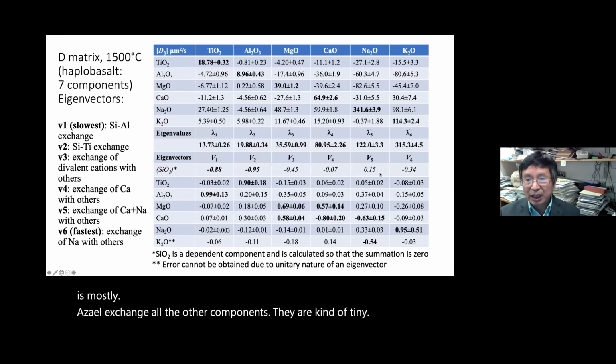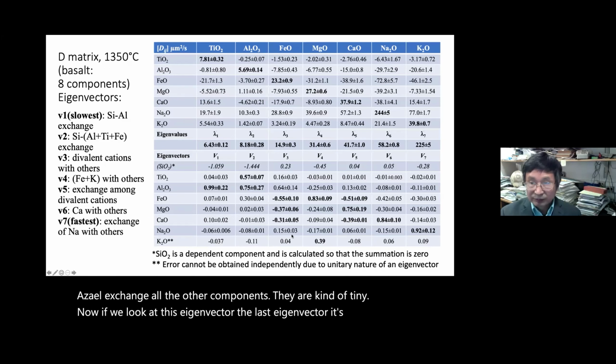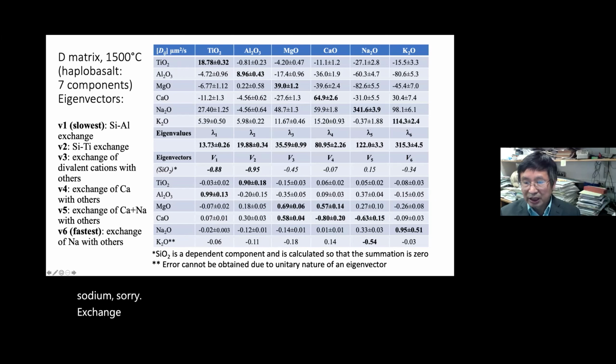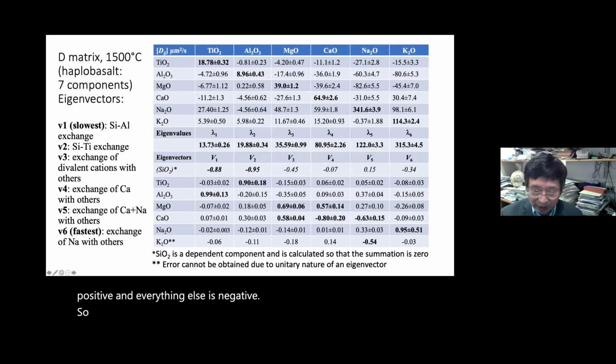Now, if we look at the last eigenvector, it's the exchange of sodium with everything else. So only sodium is positive and everything else is negative. So this is how we interpret the eigenvectors.